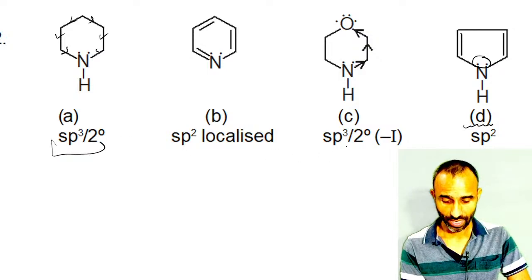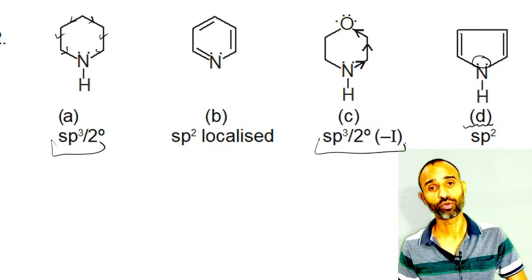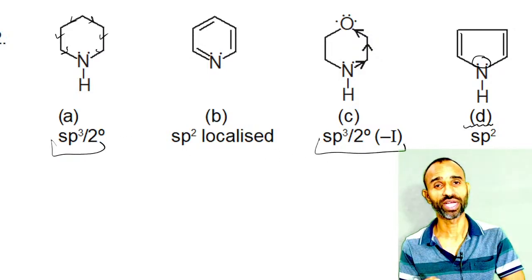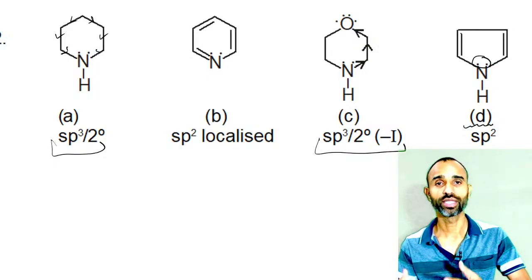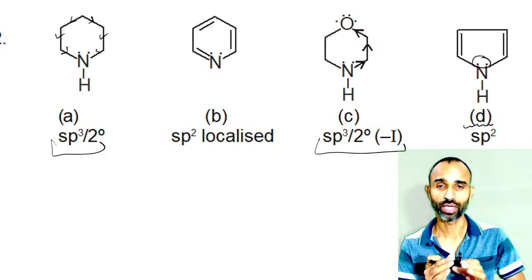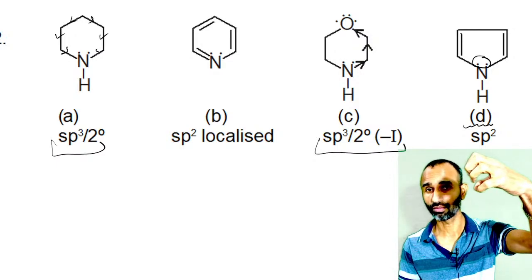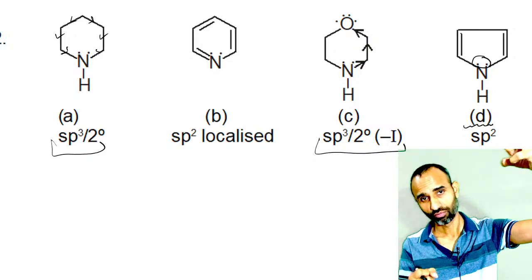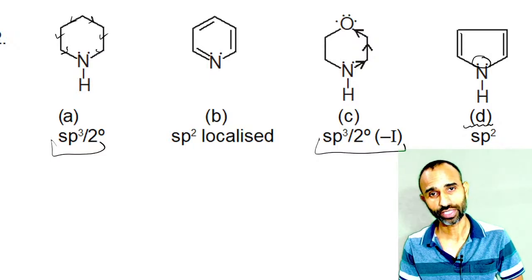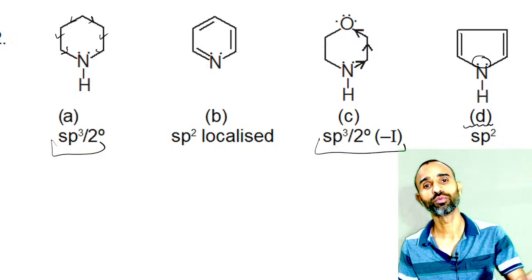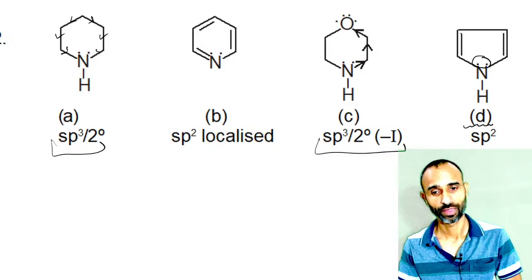See, A and C both, in both cases nitrogen is sp3 hybridized, so obviously they will donate more. Therefore A and C, but in C there is an oxygen atom that will withdraw electrons to some extent, and that's why A is more basic than C, and then it is B and D.